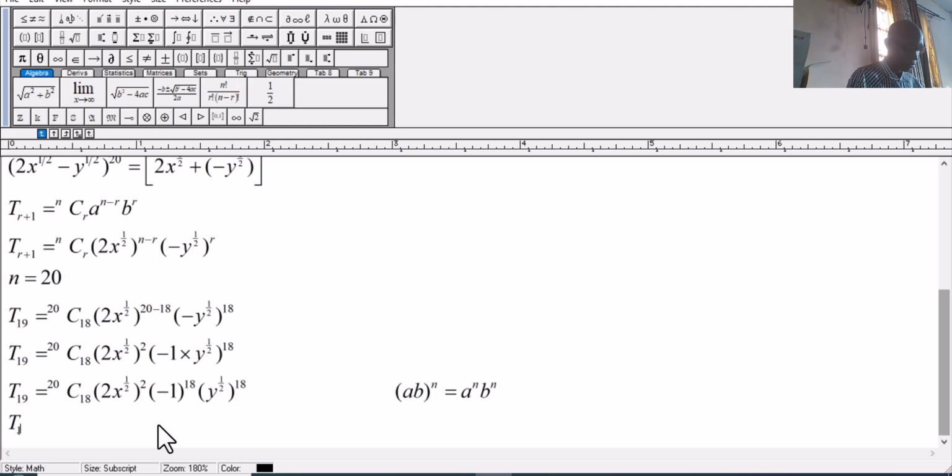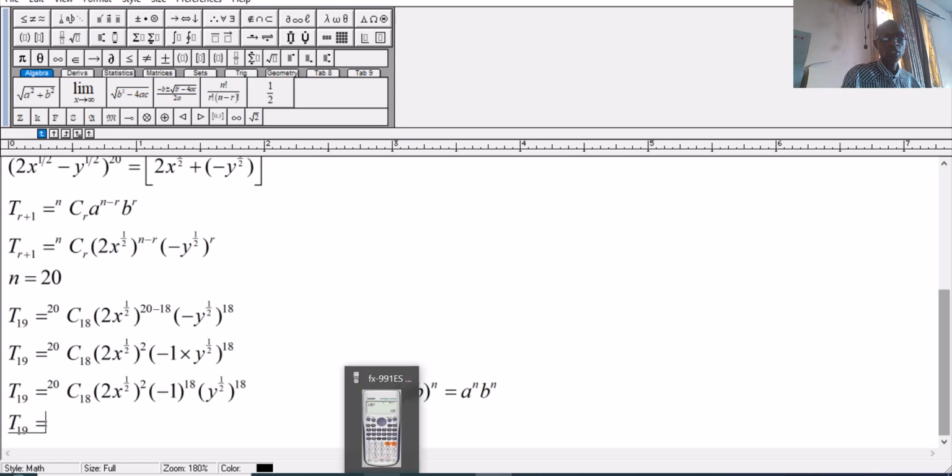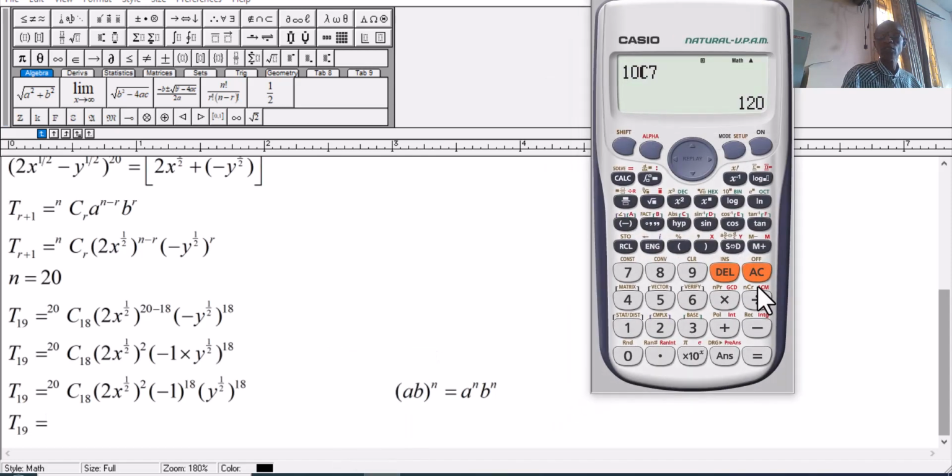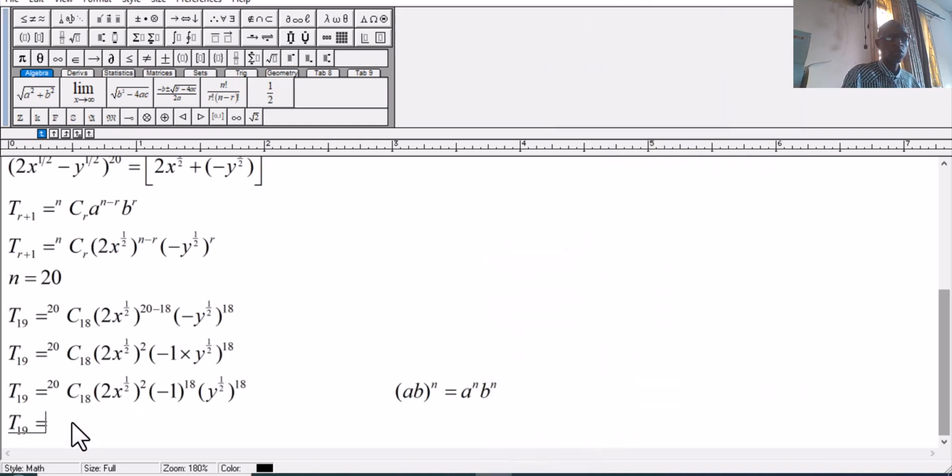So T19: we have 20 combination 18. Let's quickly do that. That gives us 190.